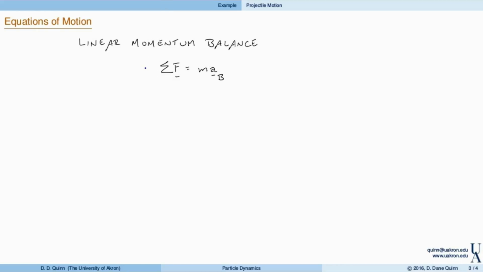And we can go and fill in the left and the right sides. The only force acting on the particle was due to gravity, so that's minus mg in the j direction, while the acceleration was y double dot in the j direction. And the equation of motion can then be written as y double dot is minus g. So we have constant acceleration.